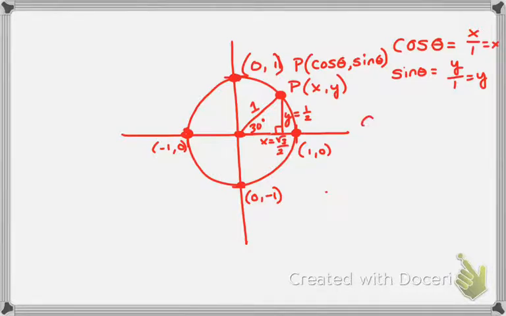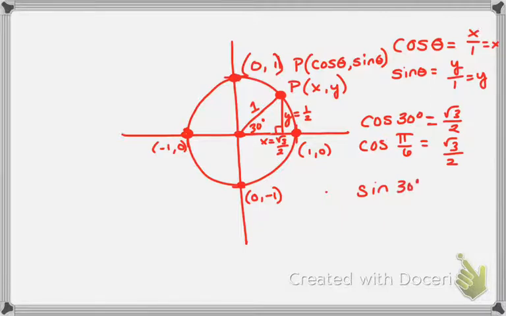So now my cosine of 30 degrees, which is the same as 30 times pi over 180, so pi over 6, same thing, just degrees to radians, would be equal to my x, which is square root of 3 over 2. And then my sine of 30 degrees would be your y, which is 1/2. Isn't that beautiful how it all just comes together?